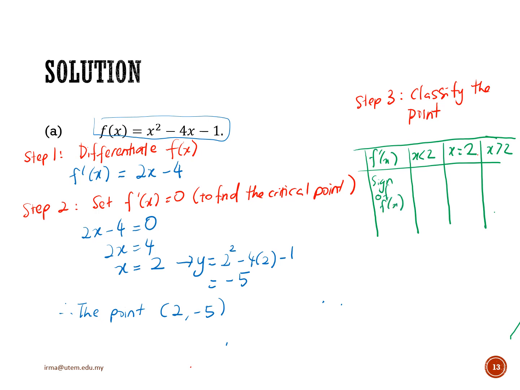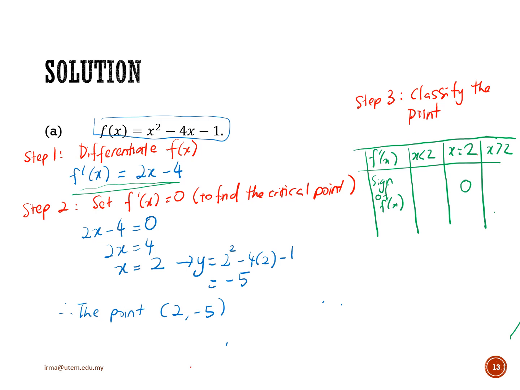Alright, so we know that when we substitute x equal to 2, we have f prime 2 equal to 0. We use this derivative and substitute. So now let's consider another point which is less than 2.